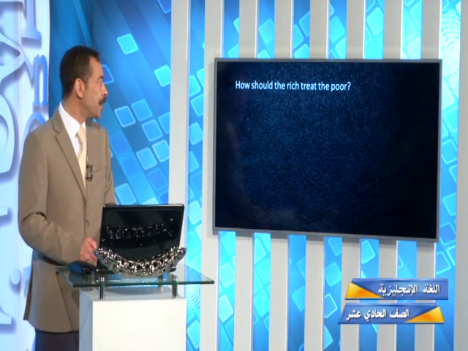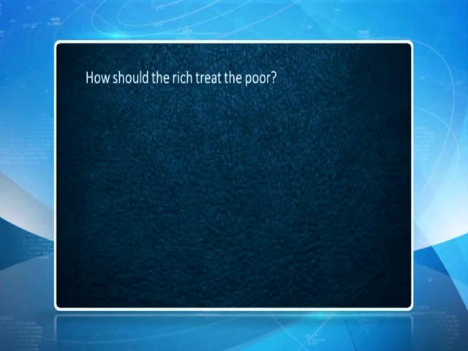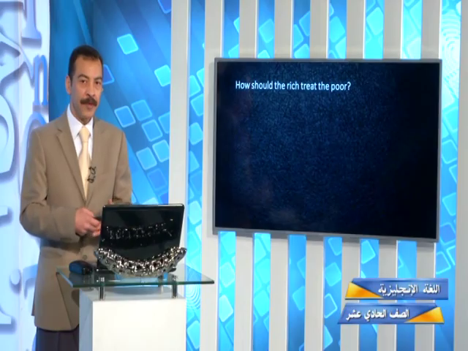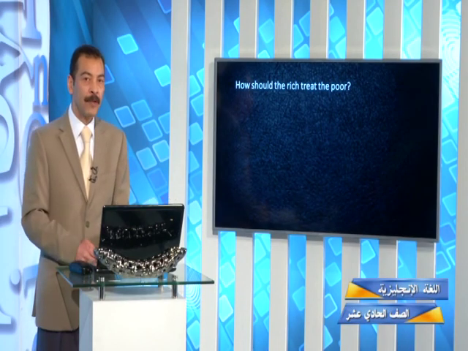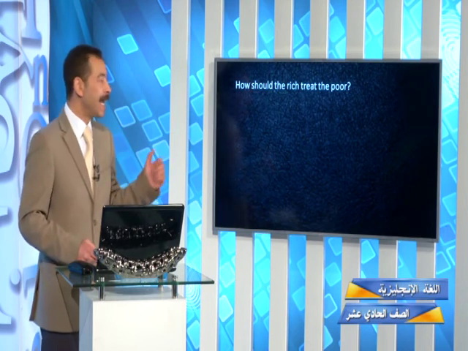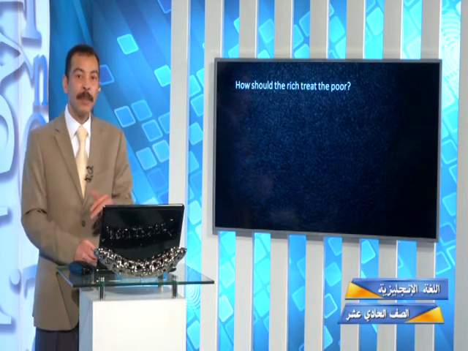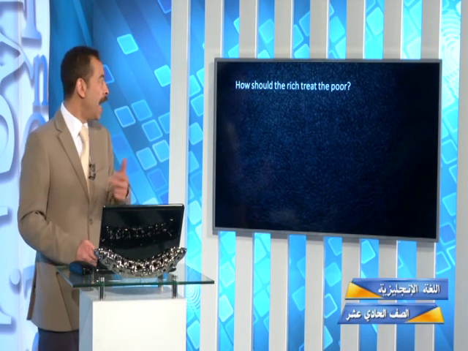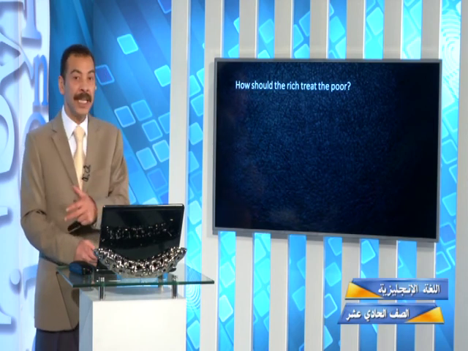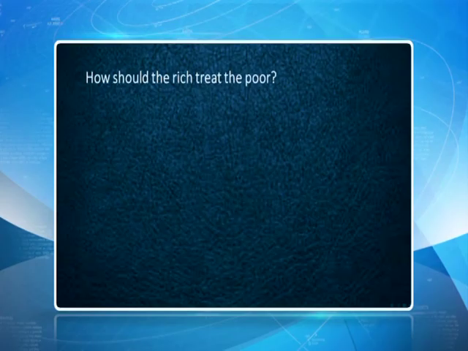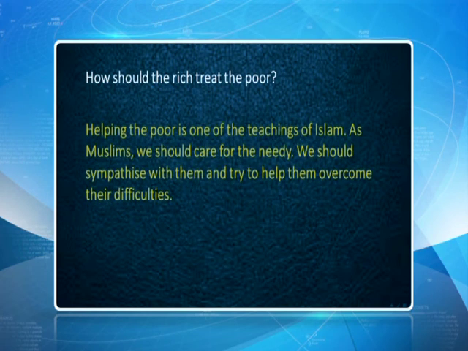And another question, how should the rich treat the poor? Again, this is a question which is very open, and of course, in questions like this, 3 sentences will be enough. You can answer this question, for example, helping the poor is one of the teachings of Islam.